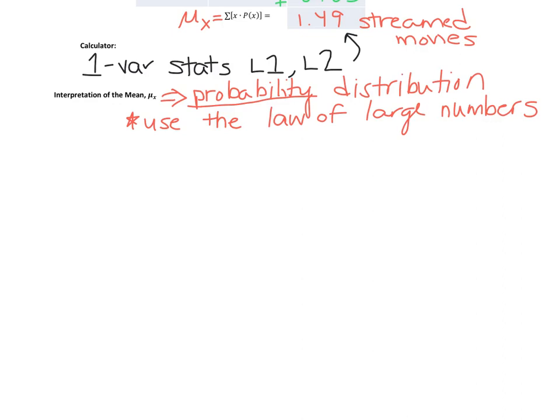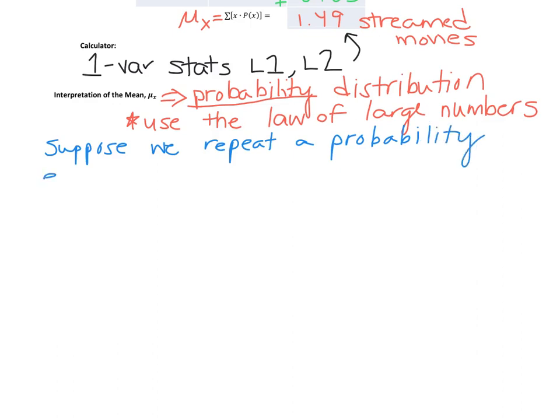Okay, so let's look at an example, or let's write that out. Really similar to what we were doing in chapter 5. Suppose we repeat a probability experiment, in this case, like flipping a coin twice. And again, law of large numbers, so we're going to be repeating it many times. Say 100.